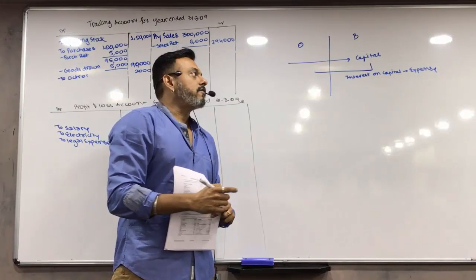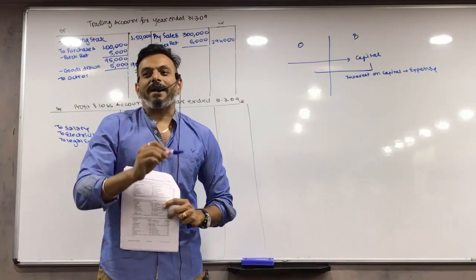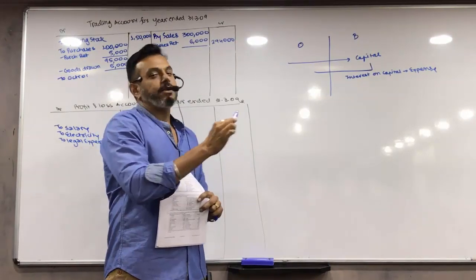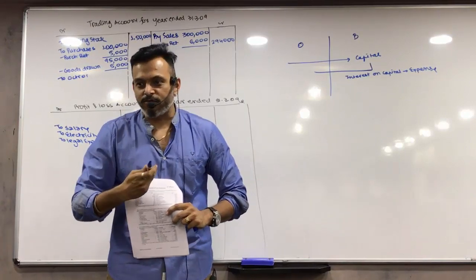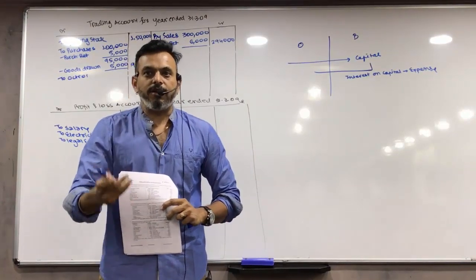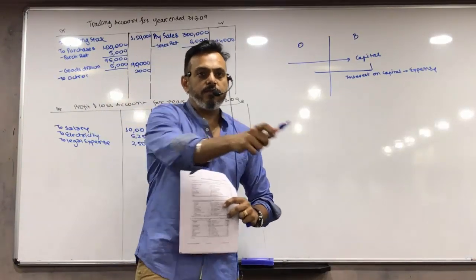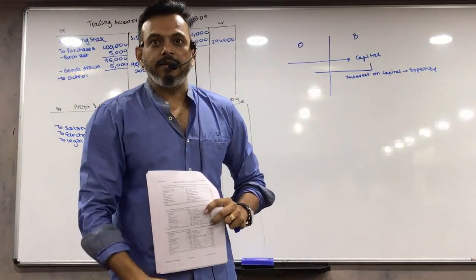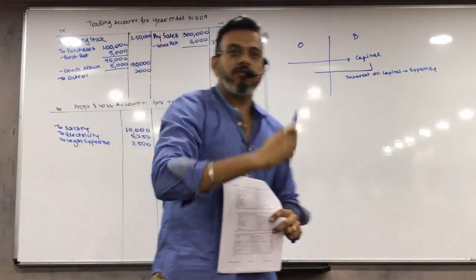See, if it is sole proprietor, practically interest on capital and interest on drawing is not there because मेरा business मेरा पैसा मुझको ही interest मिलने वाला है, मैं ही interest देने वाला हूँ. But in case of partnership, okay, he is a partner, I am a partner, he is a partner. We are three partners. I invested 1 lakh, he invested 2 lakh, he invested 3 lakh.